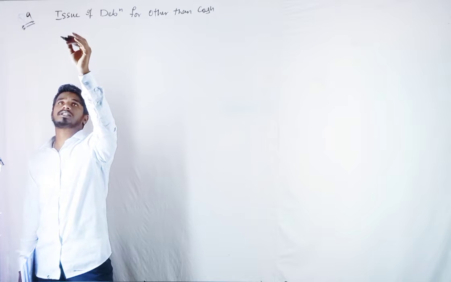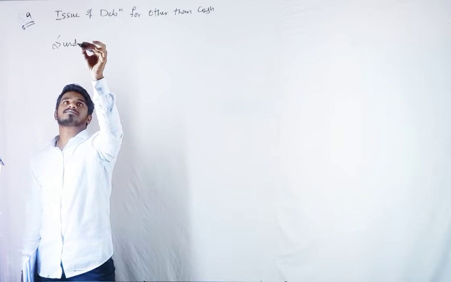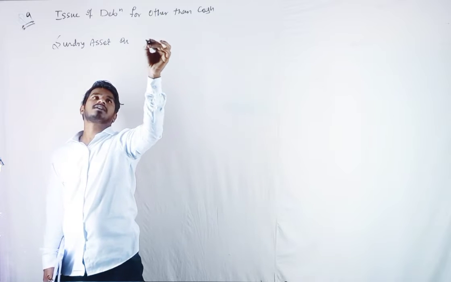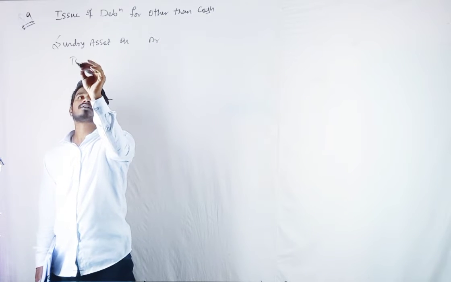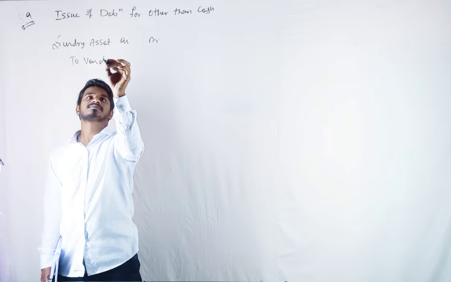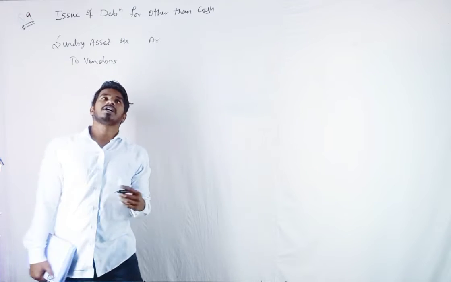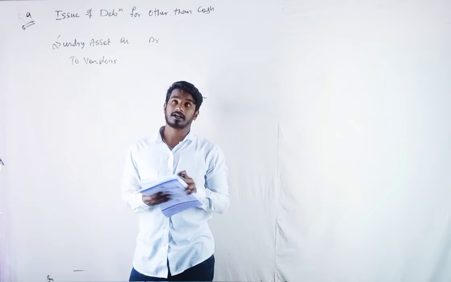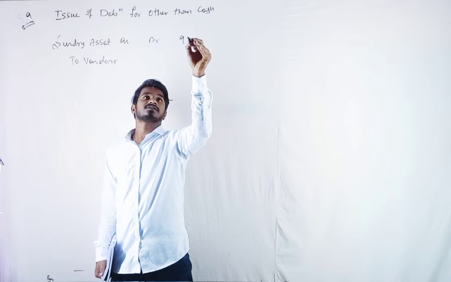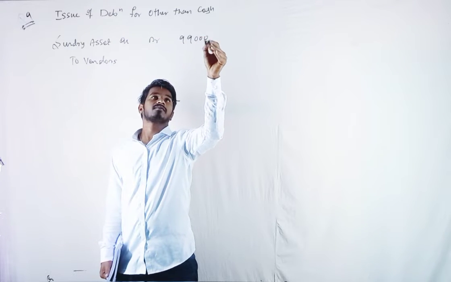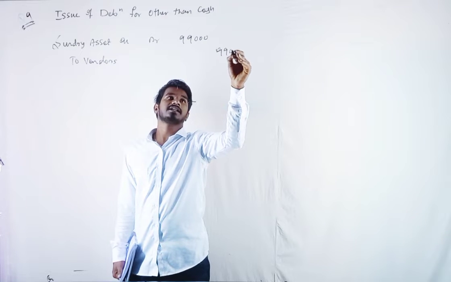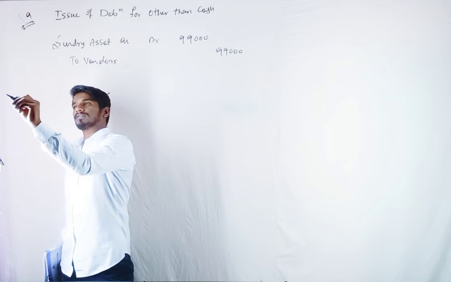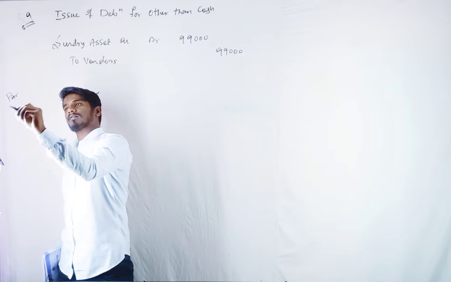Sundry asset account debit to vendors, 99,000. First, issued at par.